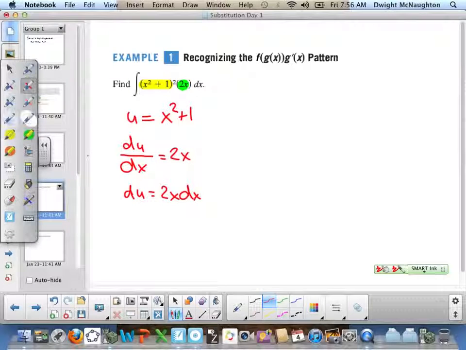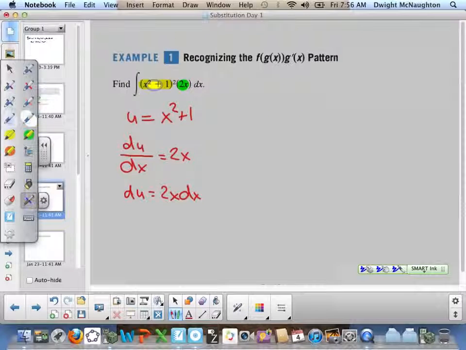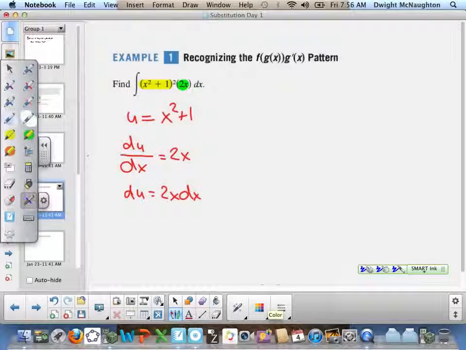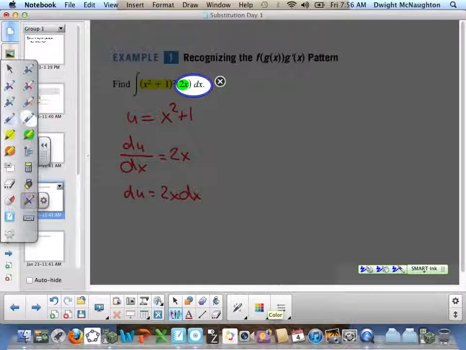Now if we look at that, u is right here. So I'm going to replace x squared plus 1 with u. Also, right here we've got 2x dx. They're exactly the same. Anytime something's exactly the same, we can substitute.